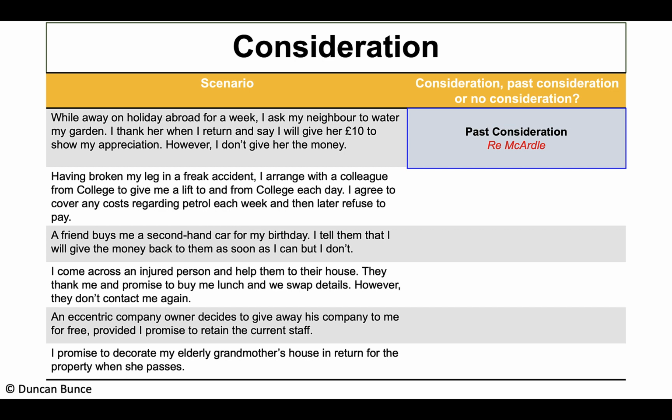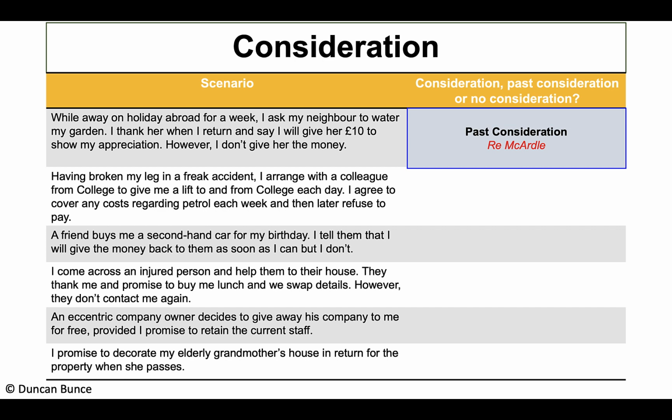Because the neighbour has already watered your garden. So when you return after the fact of the garden being watered and say you'll give £10, that's past consideration. The neighbour is not putting anything fresh into the contract because they've already watered the garden.